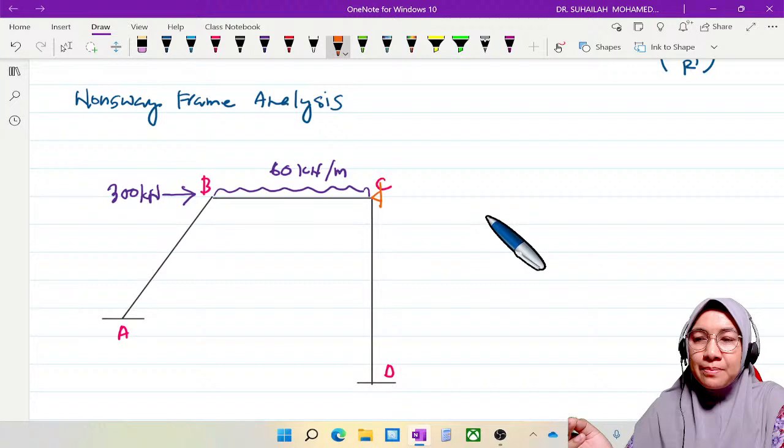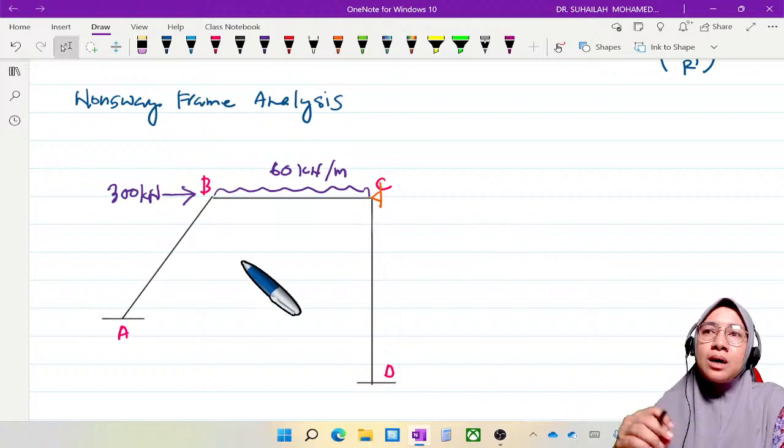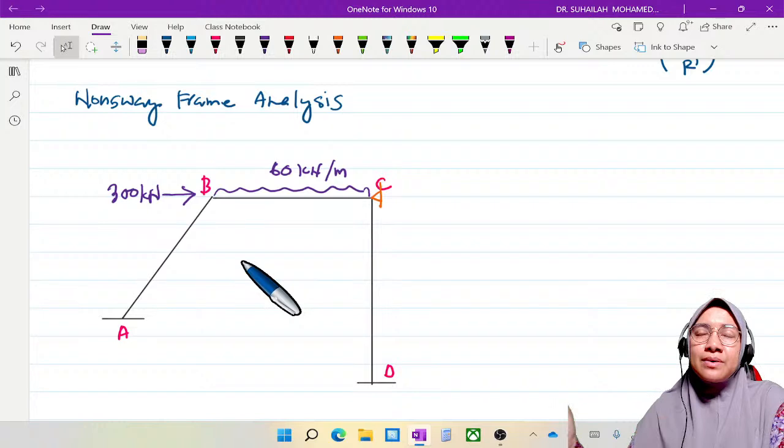By putting this support, this brings the restraining force in the horizontal direction. We want to focus on the horizontal direction because this refers to sidesway, movement to the right or left. So this will bring the restraining force.